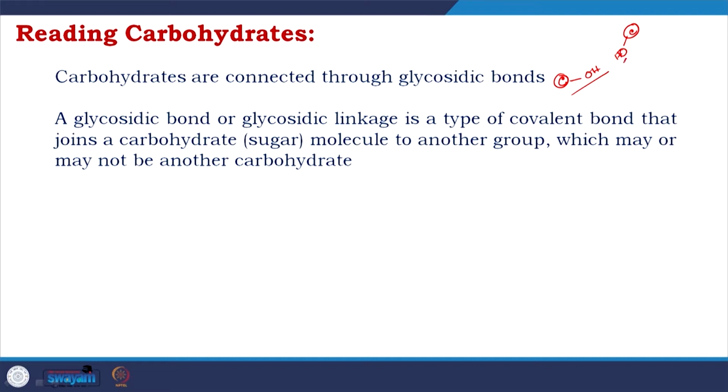Now, it will go through dehydration, loss of water, and it will make a bond like that. This is called a glycosidic linkage. Here you see that the carbon-oxygen bond, this bond and this bond, they are single bonds.